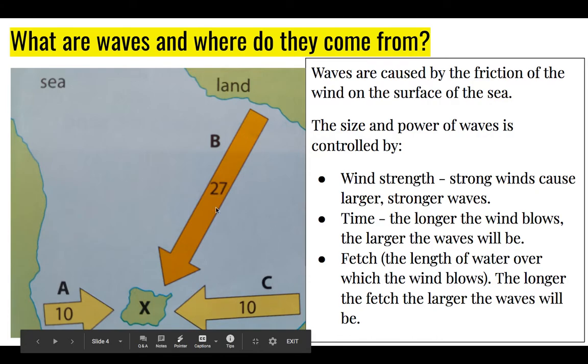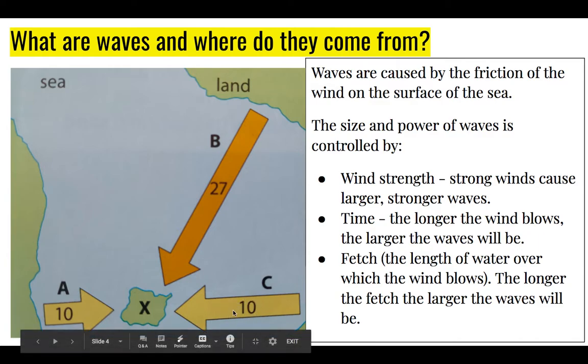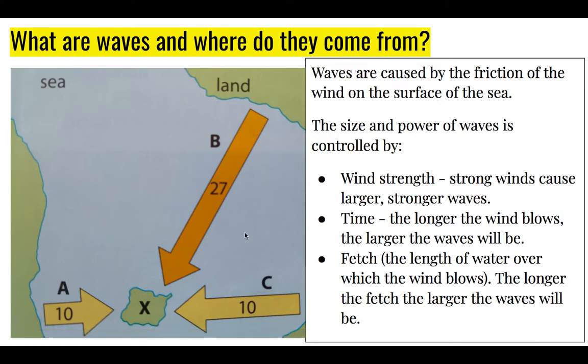So B, simply by virtue of the fact it's a stronger wind, is likely to produce larger, stronger waves. Now, there's also a question of time. You can see that this wind has been blowing for 27 hours, whereas this one is 10. This one also 10. And so the one where it's been blowing for a longer period of time will produce larger waves.